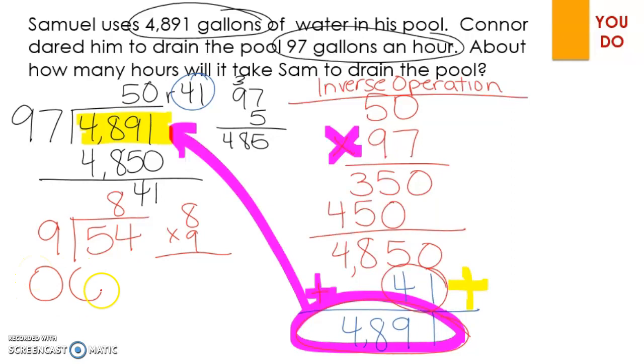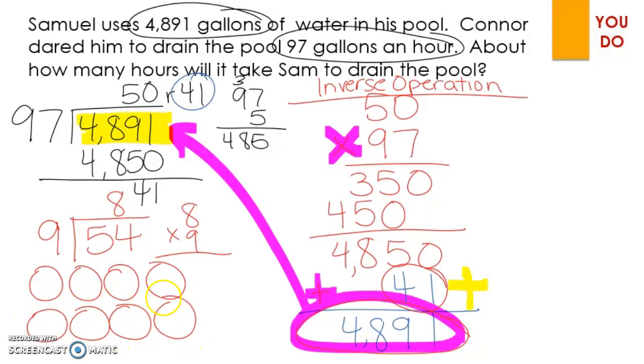So I'd say, okay, let me get 8 groups of 9. So I'd say, okay, 9 plus 9 is 18, 9 plus 9 is 18, 9 plus 9 is 18, 9 plus 9 is 18.